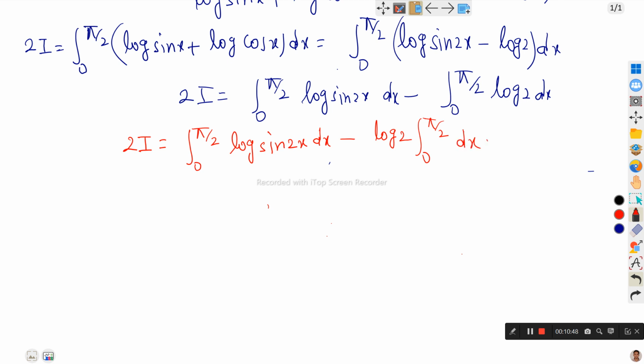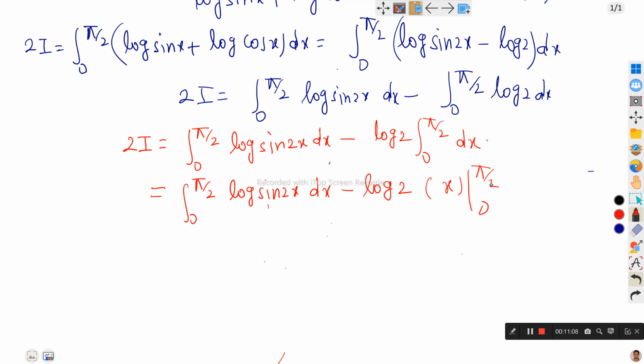Since log 2 is a constant, we keep it outside the integration. The integration of 1 is x, so from 0 to pi by 2, and what would this be? Pi by 2 minus 0.